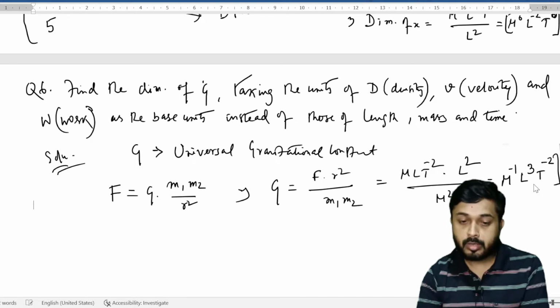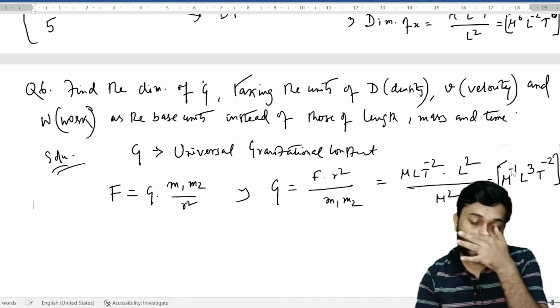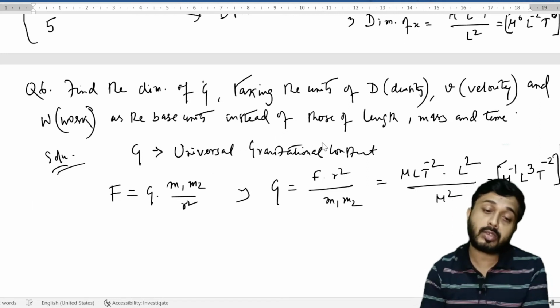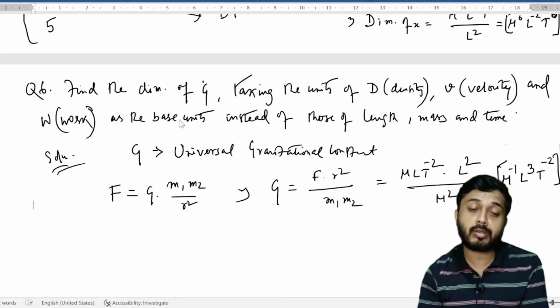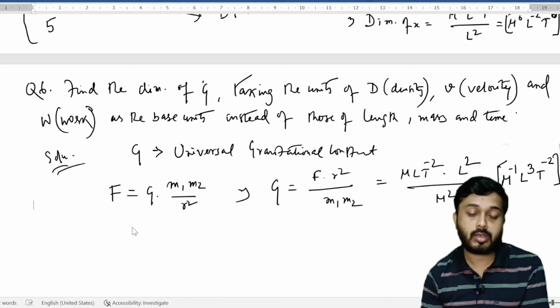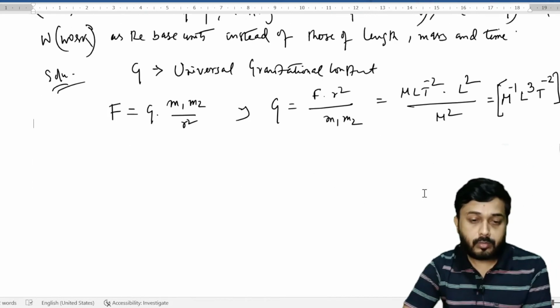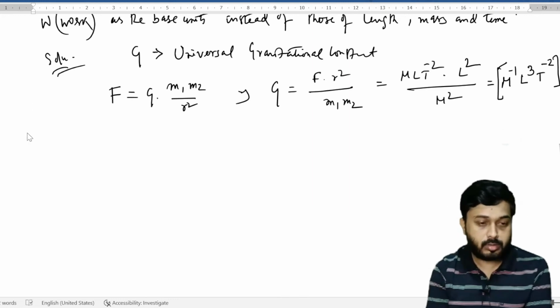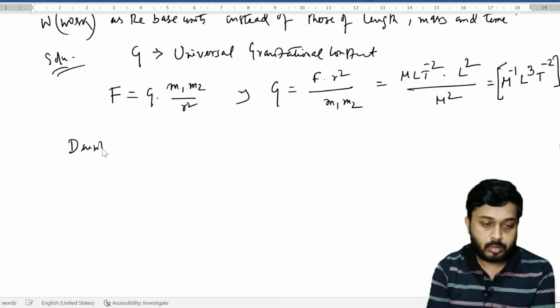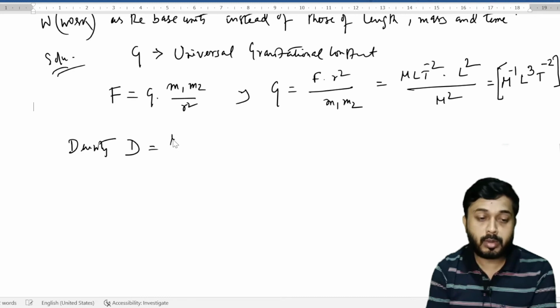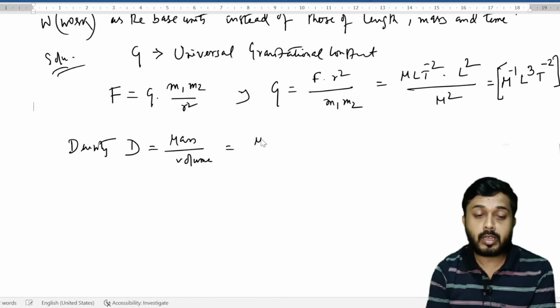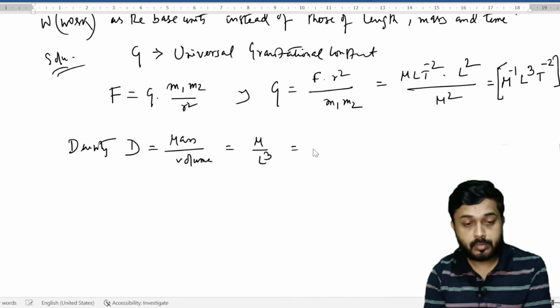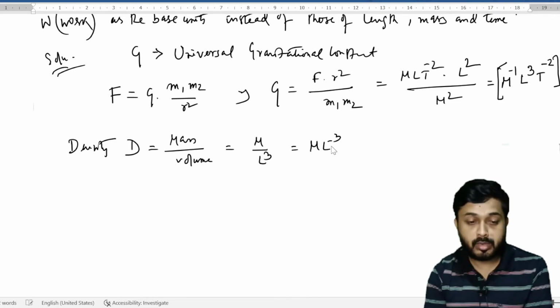But this cannot be the answer because they have asked us to take the base units as d, v and w, that is density, velocity and work. So what is density? D is mass by volume, that is m by l cube, or m l to the power minus 3. What is velocity?